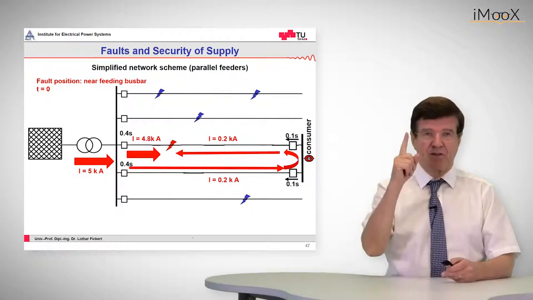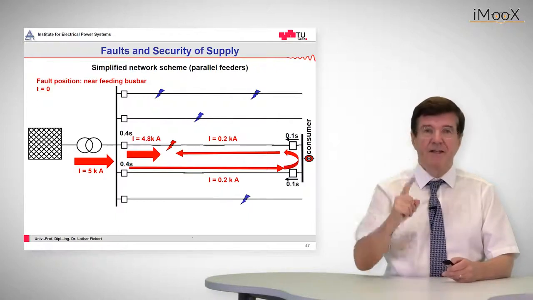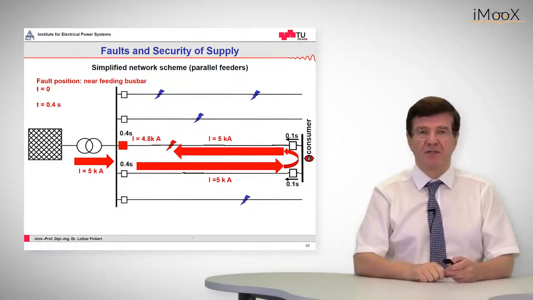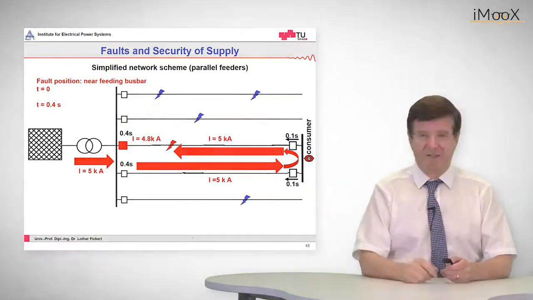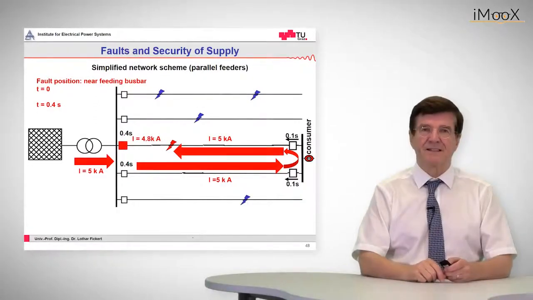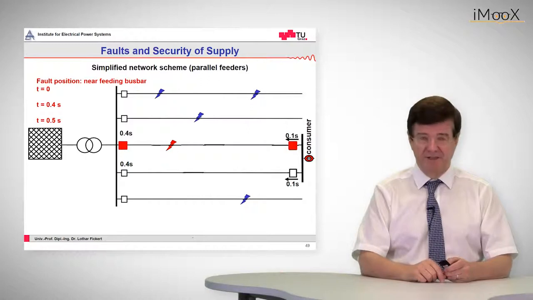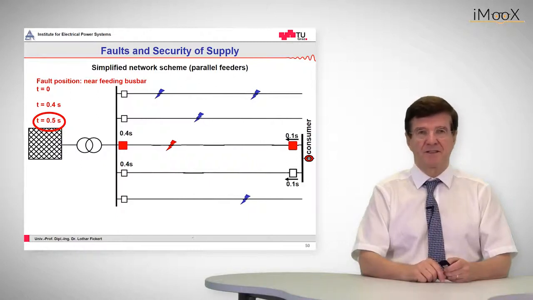So there is just one relay picking up, the upper one. It will trip after 0.4 seconds, and at that very moment the short circuit current will come the other way around. That means the relays that sense this increased current will pick up, and after an additional 0.1 second, the second relay will trip out. So the whole clearing time now is 0.5 seconds.